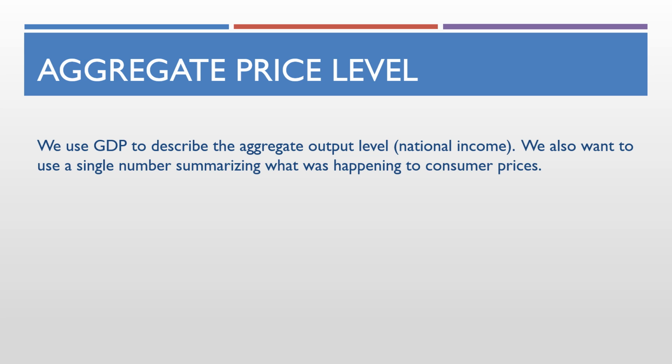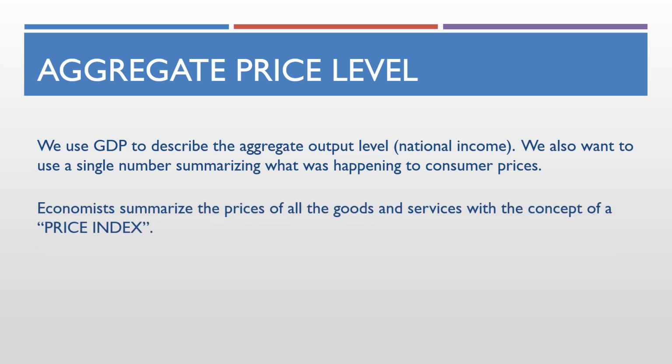The overall market value of the overall production in the economy, which we call GDP, is a great measurement. However, it's hard to think of one number that can summarize all prices across different sectors and industries. So we came up with the concept called the price index.